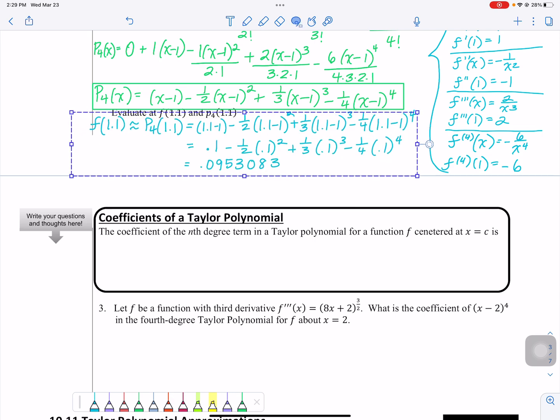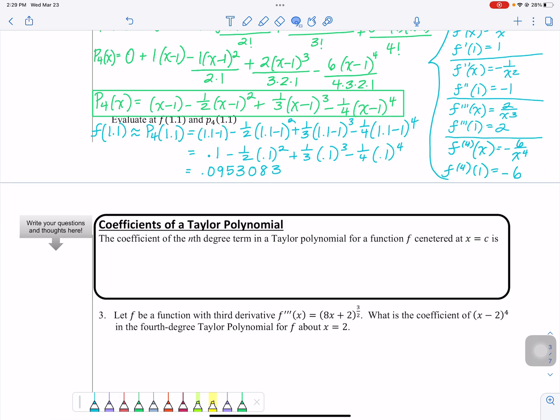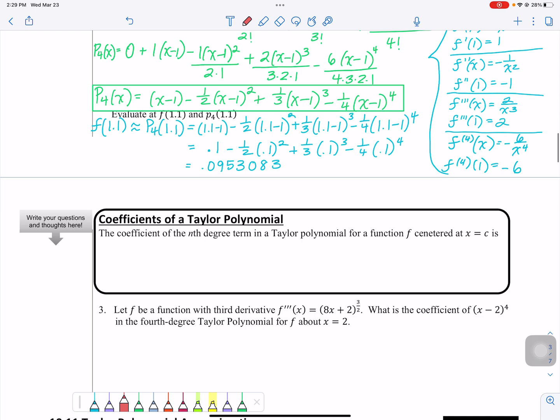Let's see what f of 1.1 really is. So if you want to, make a note that f of 1.1 equals the natural log of 1.1, and that's about equal to 0.0953101.